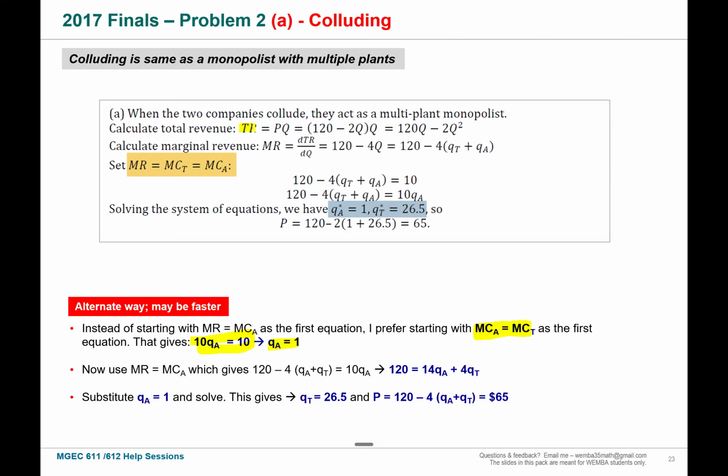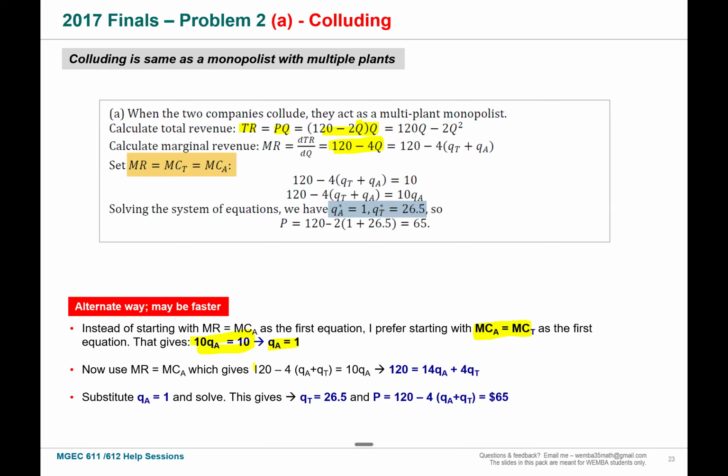So total revenue is price times quantity. It's 120 minus 2Q times Q. I'm not opening Q here. So that's 120Q minus 2Q squared. If you take the first derivative, that is 120 minus 4Q. So that is MR, 120 minus 4Q, which you can open up as 4QT plus 4QA.